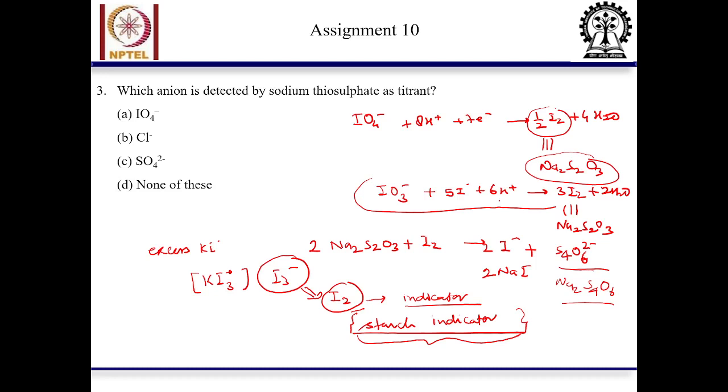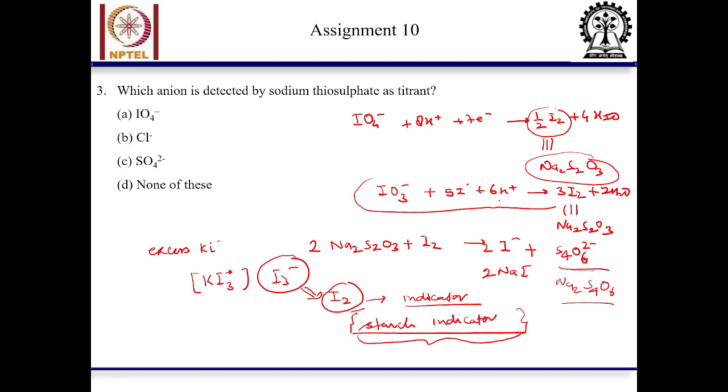Another important thing is that you have to maintain the pH of this solution. So we have to use cold water. Why? I don't think so, because I have performed this iodometric titration to find out the concentration of iron and cuprous iodide. We haven't used a cold water solution.